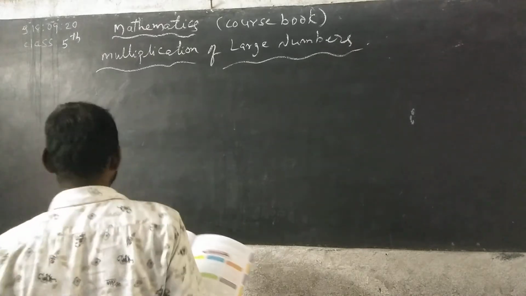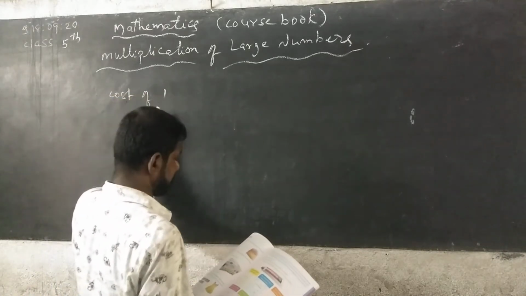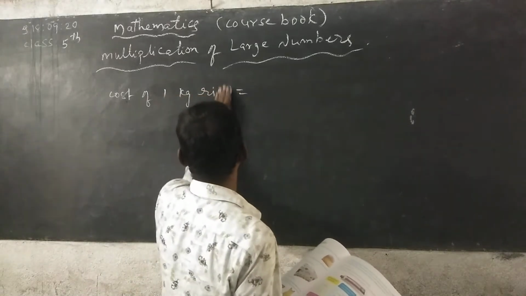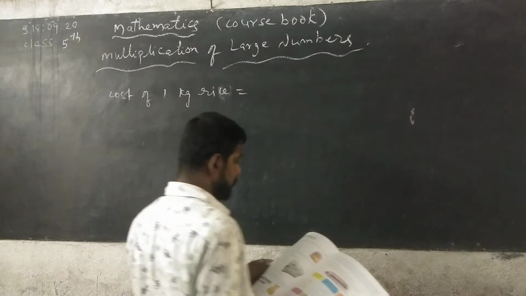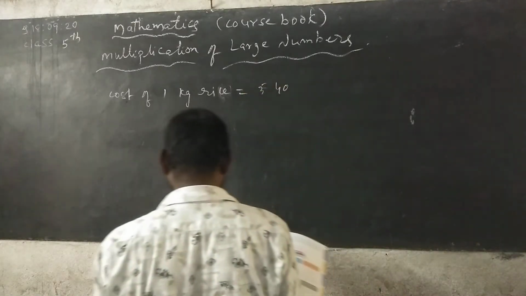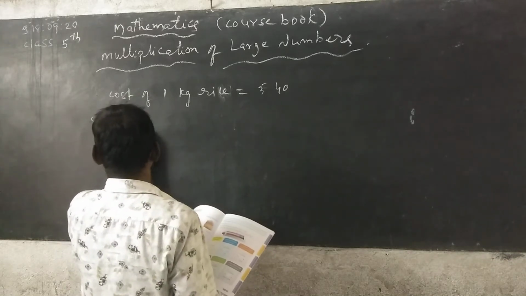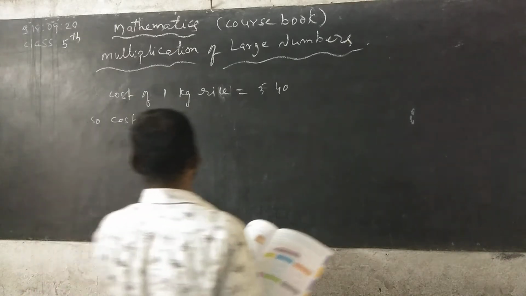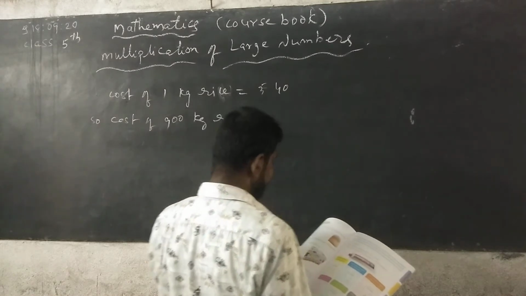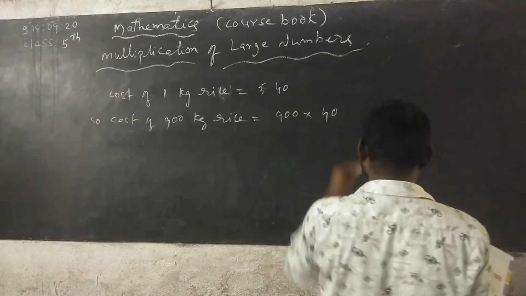Cost of 1 kg rice is 40 rupees. So cost of 900 kg rice is equal to 900 into 40 rupees.